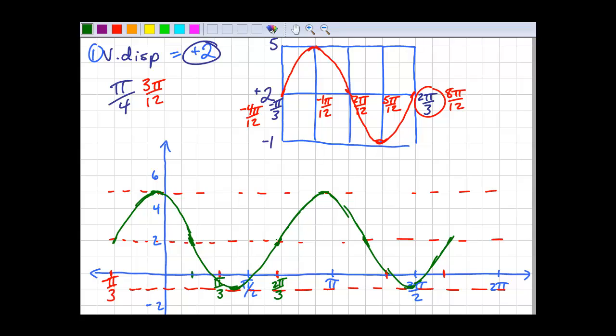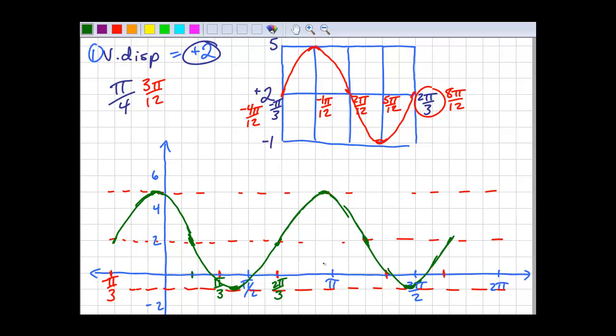So I see that from my starting point to my end point, halfway between it's going to cross. Halfway between those 2 points will be my maximum. Halfway between those 2 points will be my minimum. And I could identify what those points are using this progression here. So this was negative pi over 12, 2 pi over 12, 5 pi over 12, 8 pi over 12.